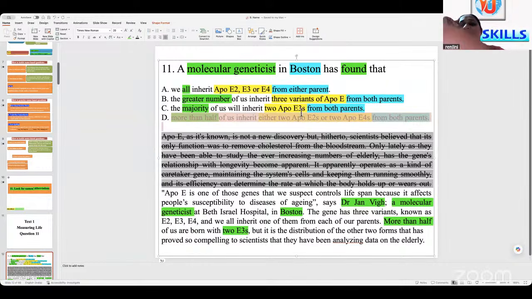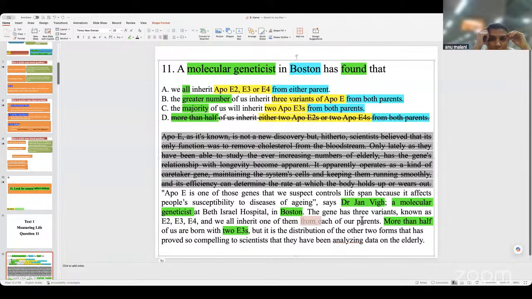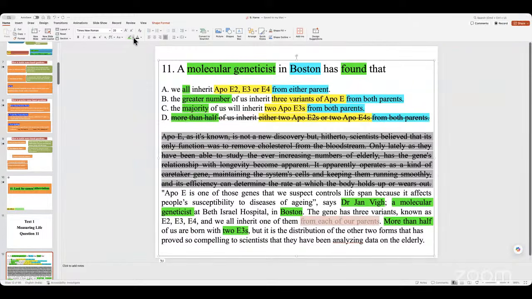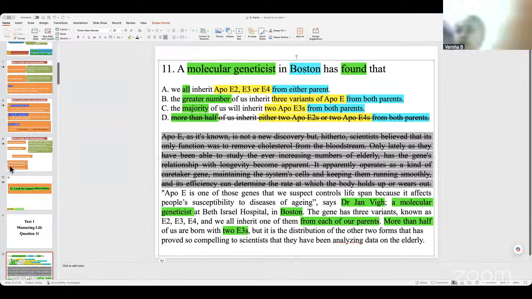But option A says the gene has 3 variants. Option A says either parent, but here it says from each of our parents. We all inherit from each of our parents.